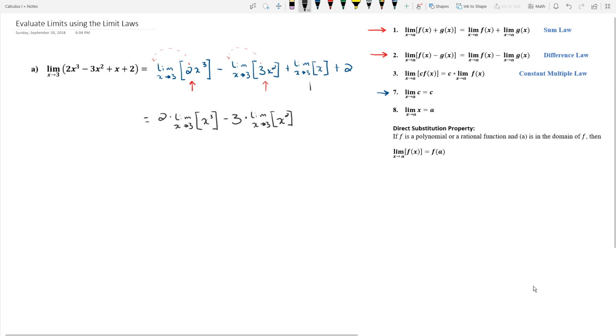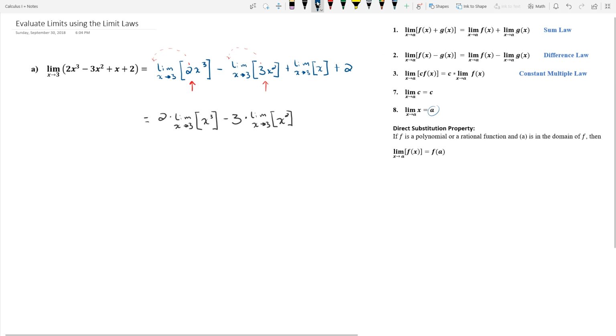And here for a limit as x is approaching 3 for the function x, that's where we're going to use our law 8. And it states that we can simply say that as x is approaching a for any value x, we are simply going to have that value which we are approaching.